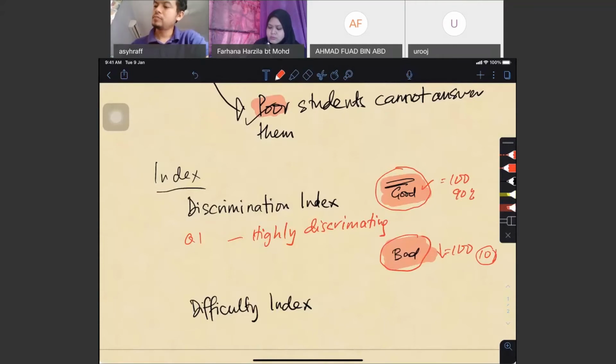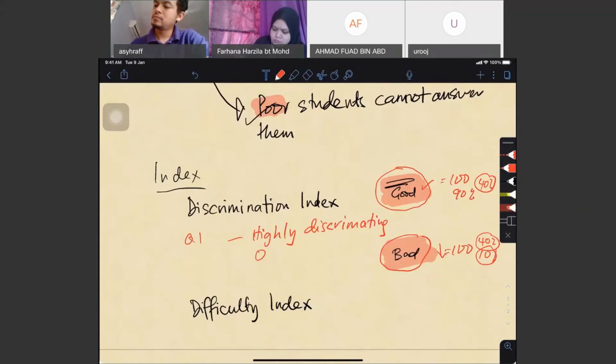Maybe 40% of the upper group can answer that question, and also 40% here. So the discrimination will be 0. So we are saying this question cannot discriminate between good and bad students. Even the bad students are also able to answer this question.